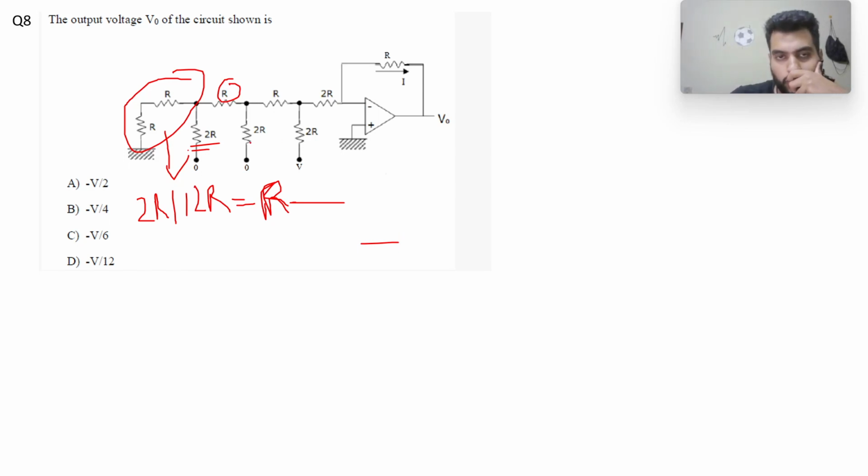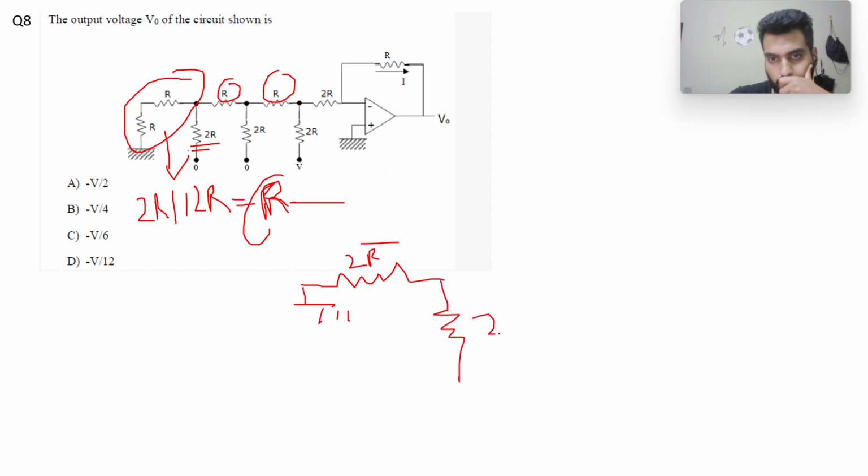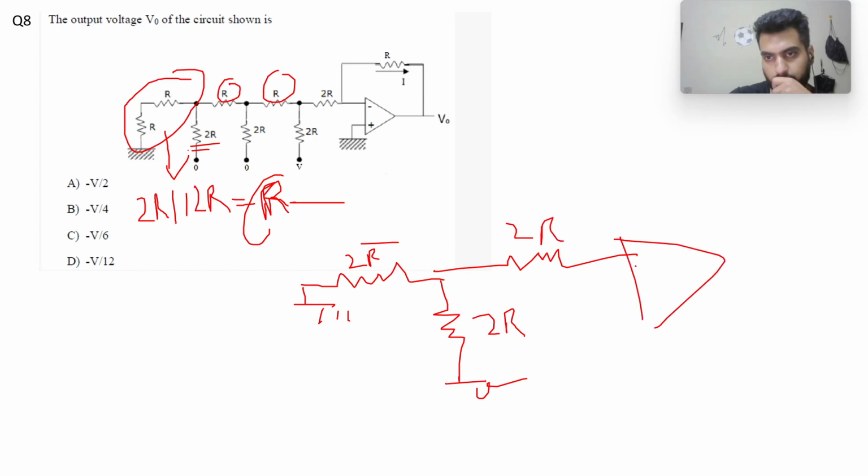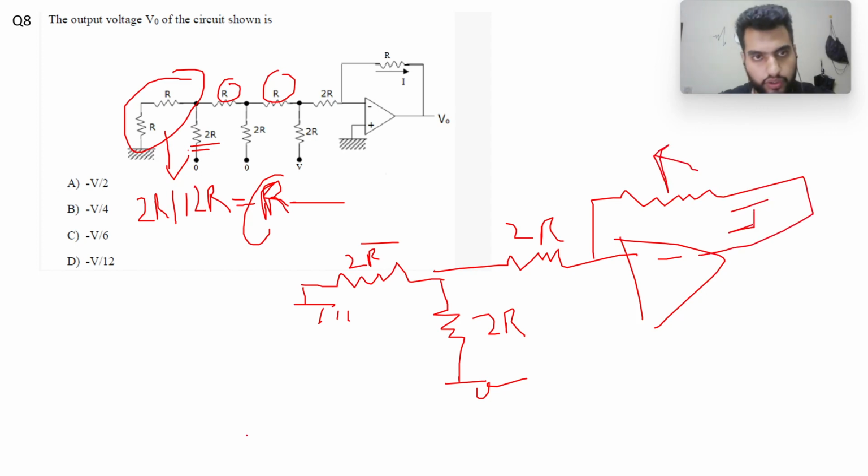And then this 2R and 2R are again in parallel, so it will be R, and then this R and this R are in series, so it will be 2R. So my final network will be 2R grounded here, then 2R with input voltage V, and then this 2R, and this node is connected to the inverting terminal of the op amp, and we have this R. Let me show it again.